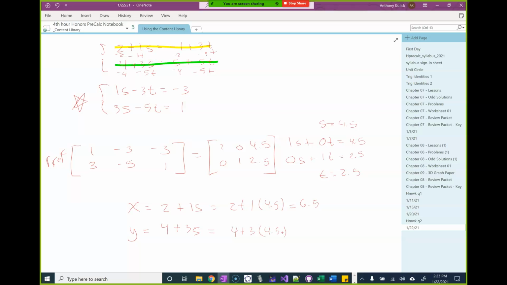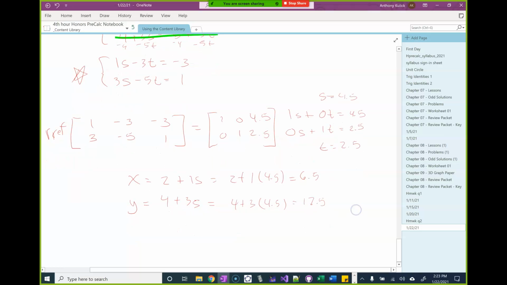So what is that? It's 12, 13 and a half, 17 and a half or something. Okay. So my point of intersection is this, or if we want to write it as a vector, that would be okay also.